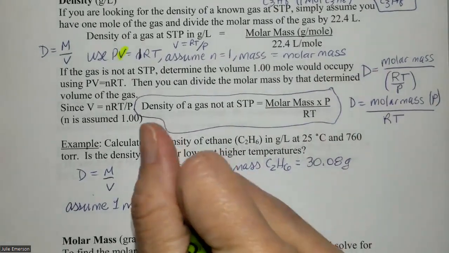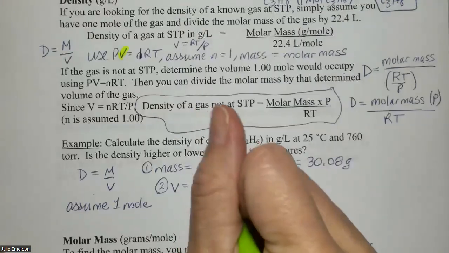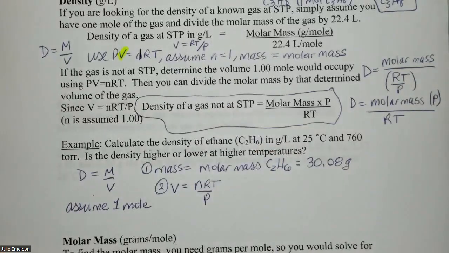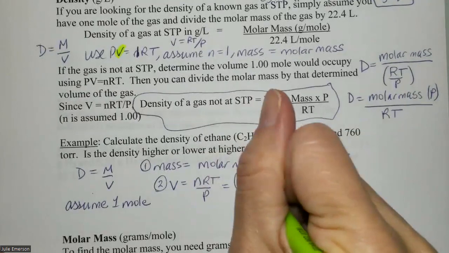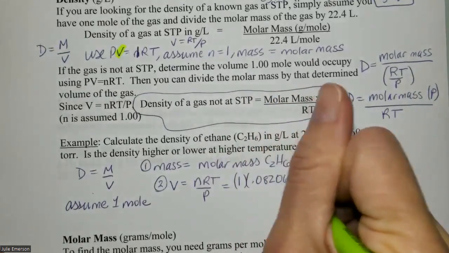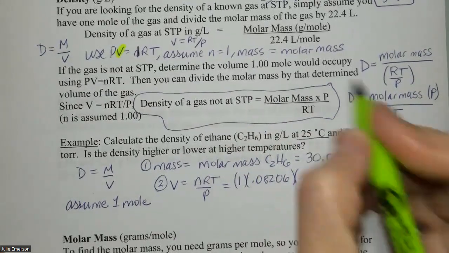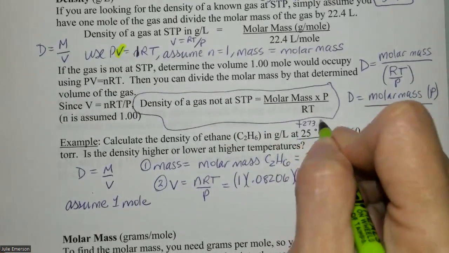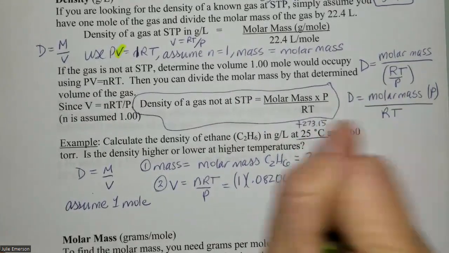All right, then the second part is, what's the volume? And volume from PV = nRT would be nRT over P. Volume, again, 1 mole, so it's going to cancel out. 0.08206 for R. Temperature, 25 degrees Celsius, but again, for that, we add the 273 to go to Kelvin. So that's really 298 Kelvin.